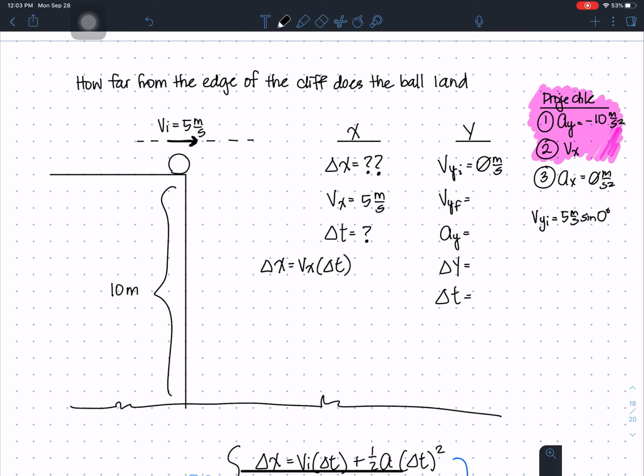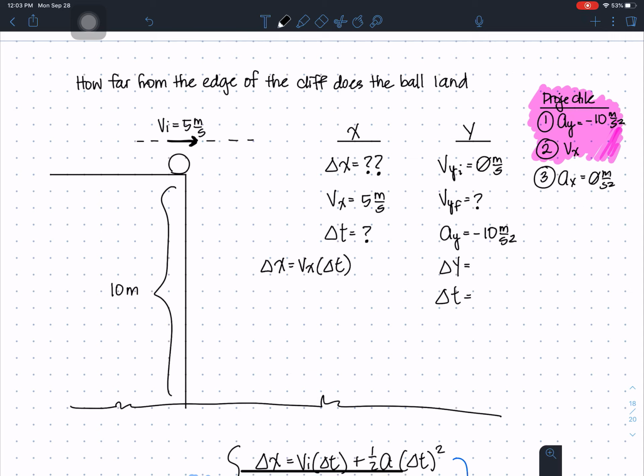The sine of 0 is 0, and therefore this entire quantity equals 0. But again, for the rest of us, we can say that all of the velocity is horizontal, so none of the velocity is vertical. We don't know Vy final, but we might not need it, so we'll just put a question mark there.